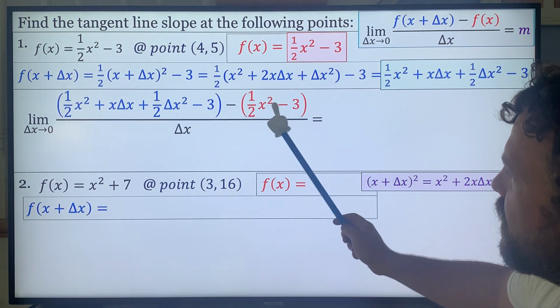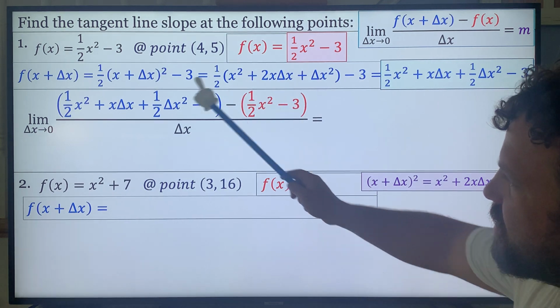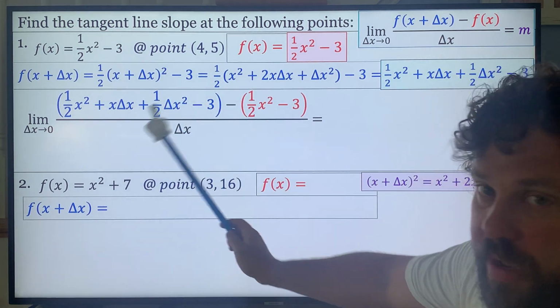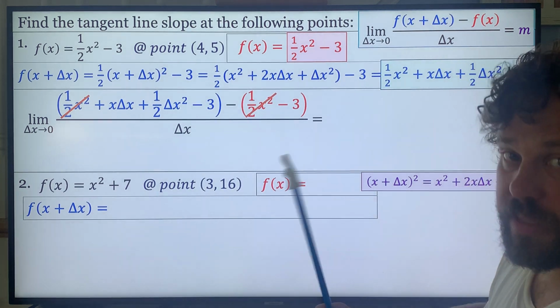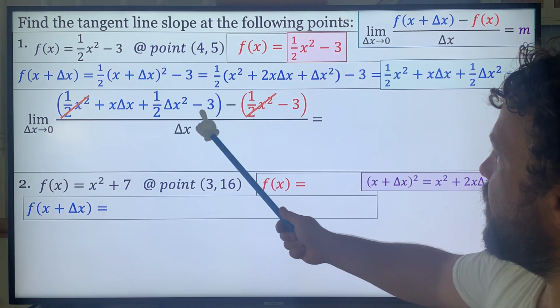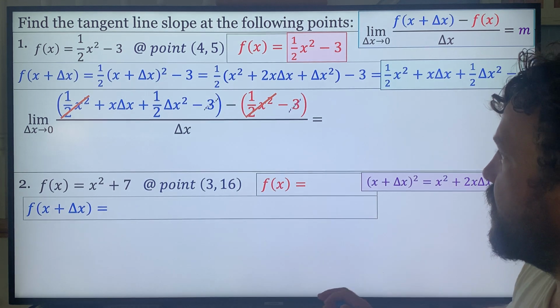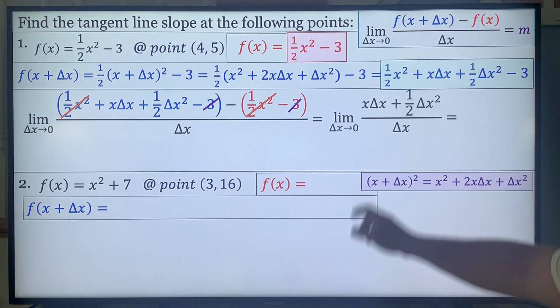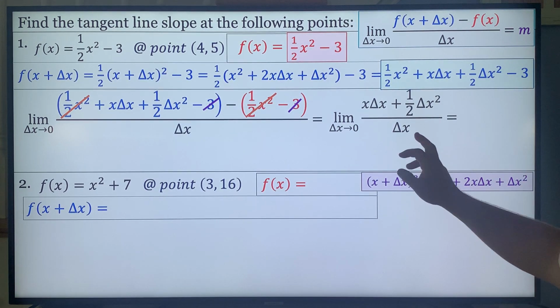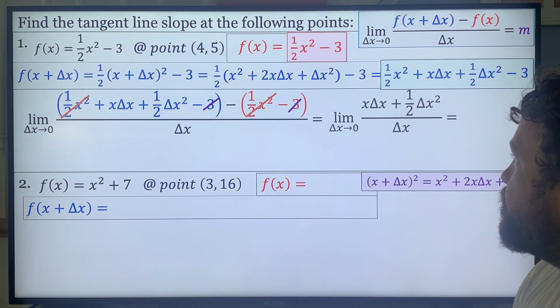Once you get here, usually whatever is in the f of x is going to be in here as well, and it cancels out. Watch. 1/2 x squared minus 1/2 x squared cancels out. We have a -3 here, -3 minus -3, they cancel out. That leaves just the two middle pieces, x delta x plus 1/2 delta x squared over delta x.